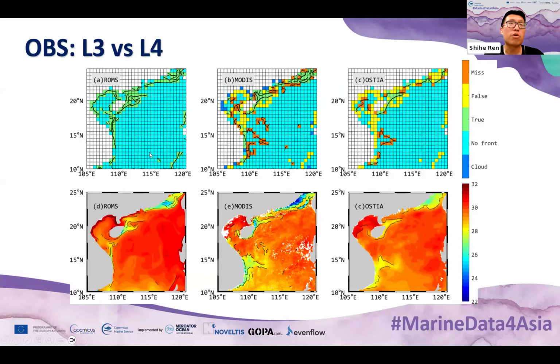For this model, with the L3 MODIS data, the green squares are more than the Ostia results. So maybe in future work, we will focus on the L3 data, because the L4 data can reduce the gradient artificially. I think it's maybe not a very proper means.